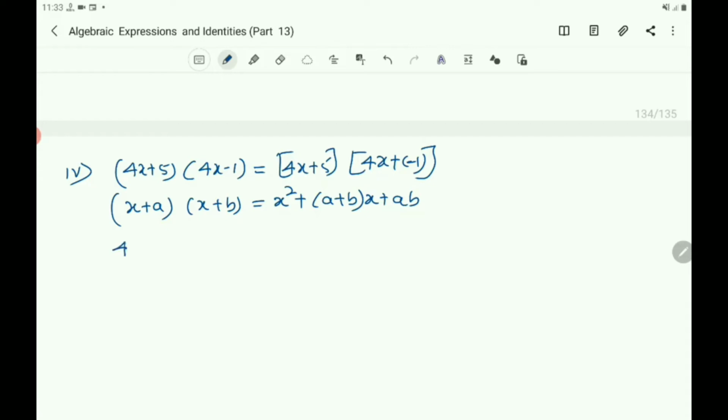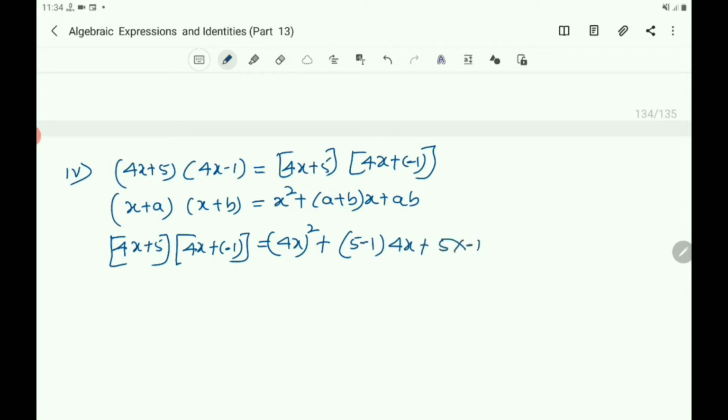Then x + a is 4x + 5 and x + b is 4x + (−1). Then x² means the square of 4x, (4x)², plus (5 − 1) into x, which is 4x, plus ab, which is 5 into −1.